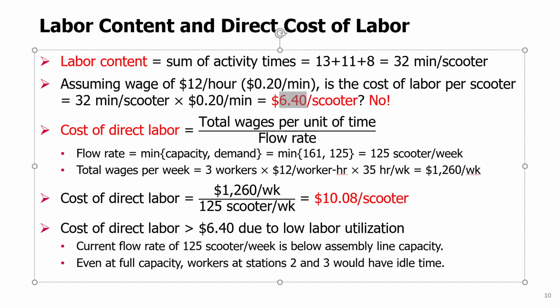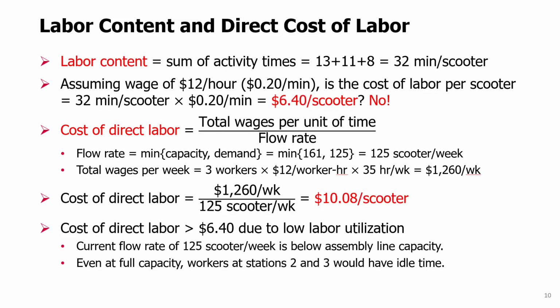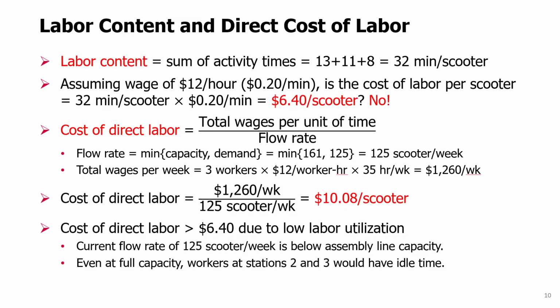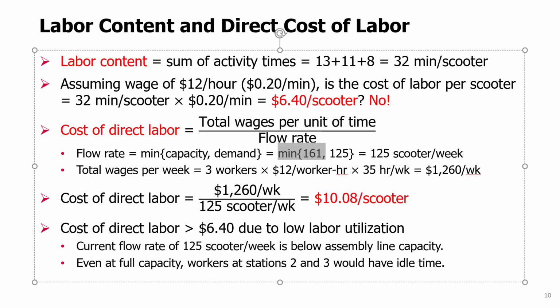Well, it is due to the fact that labor is not well utilized. First of all, the current flow rate of 125 scooters per week is below the capacity of the assembly line. So we're not producing as fast as the assembly line can produce. Remember, the assembly line can produce 161 scooters every week. So this is already creating lower than possible utilization.